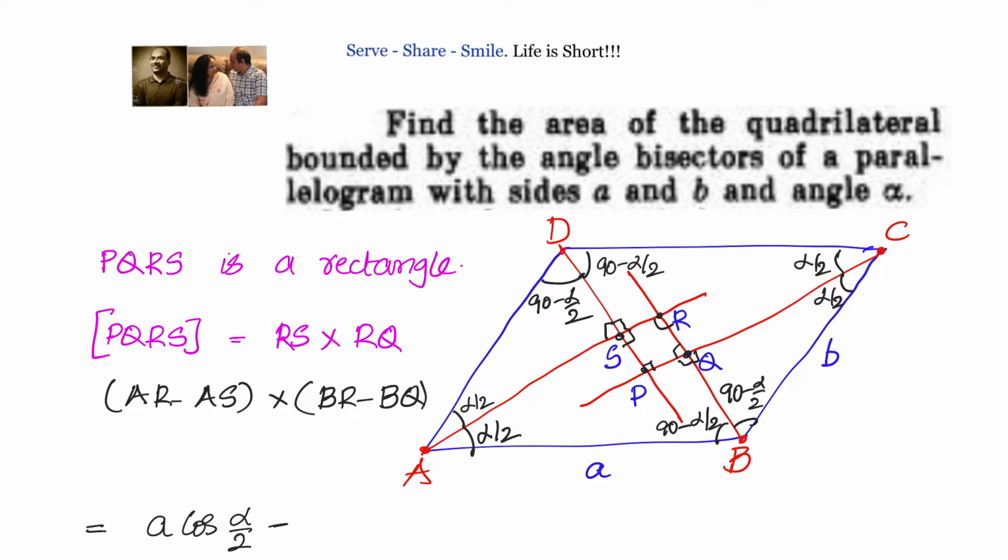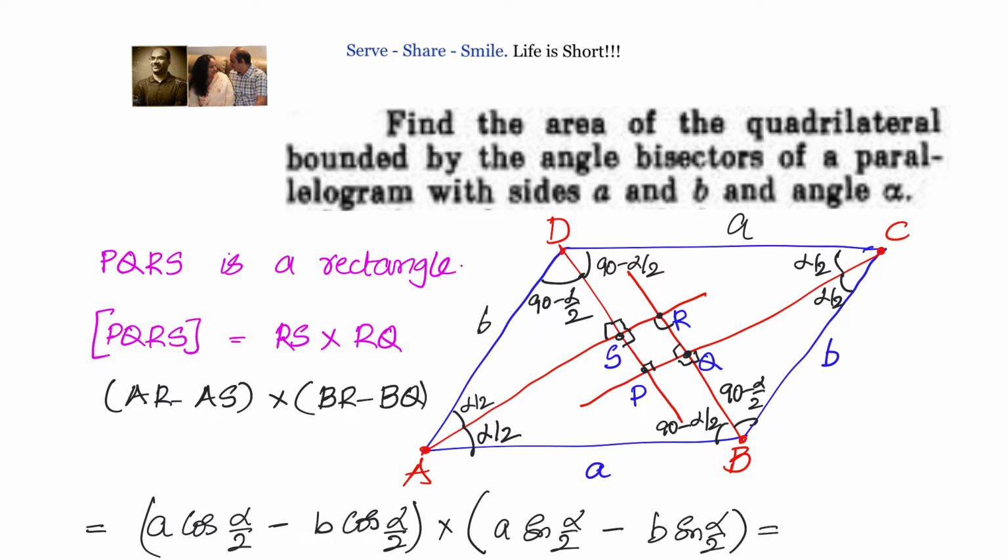AS is B into cos alpha by 2. We can check that from the triangle ASD. Multiply that with BR. From triangle ARB, we can see that BR is A sin alpha by 2. And from triangle BQC, BQ equals B sin alpha by 2.